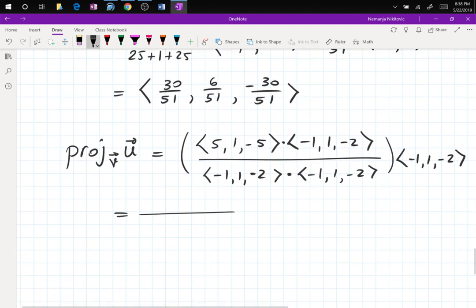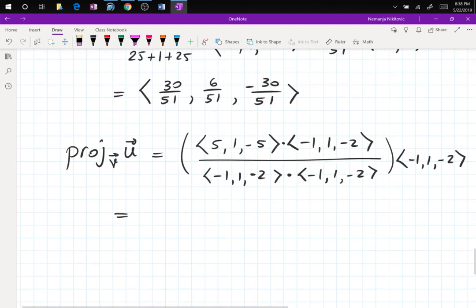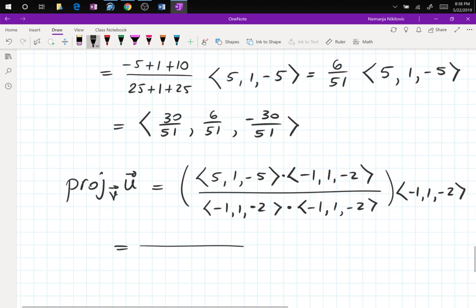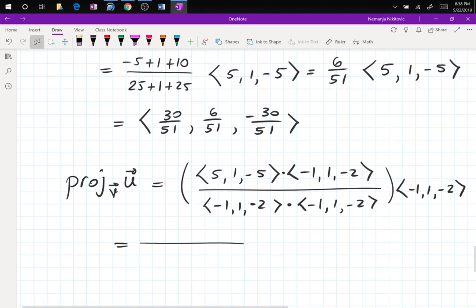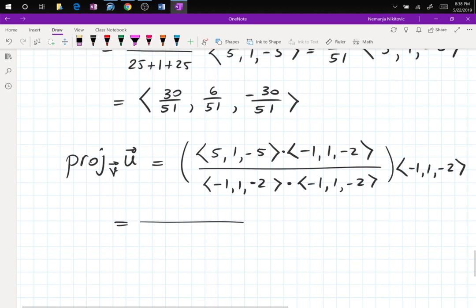So we have the same dot product, negative 5 plus 1, so that's a 6 on top. The denominator is different. I can compute it in one shot: 1 plus 1 is 2, plus 4 is 6. So 6 over 6, which is 1. So the projection is negative 1, 1, negative 2. Great.